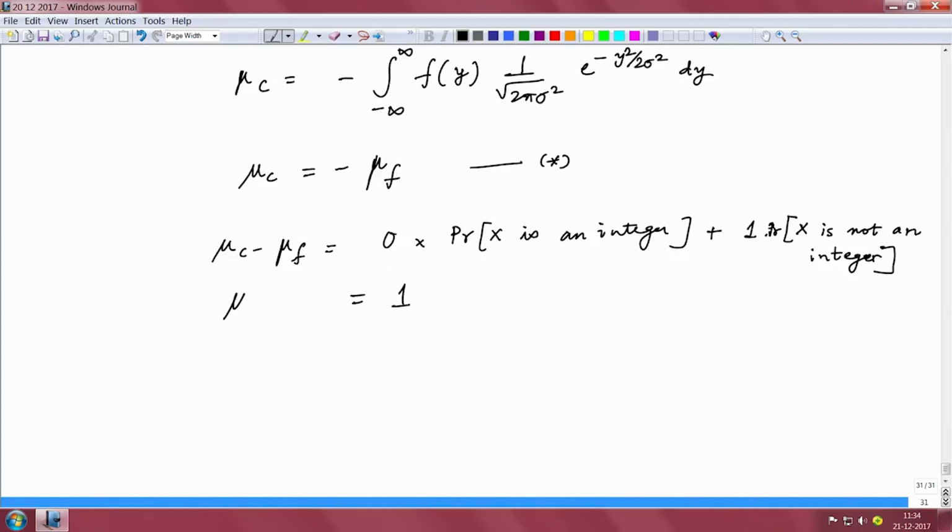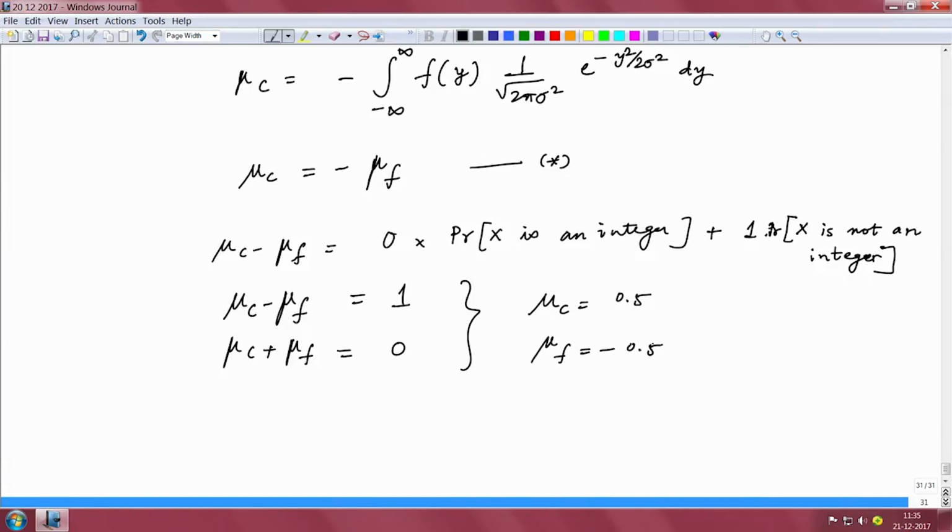So, we have two equations, which are mu c minus mu f equal to 1 and mu c plus mu f equal to 0. By solving these two equations, we get mu c is equal to plus 0.5 and mu f is equal to minus 0.5.